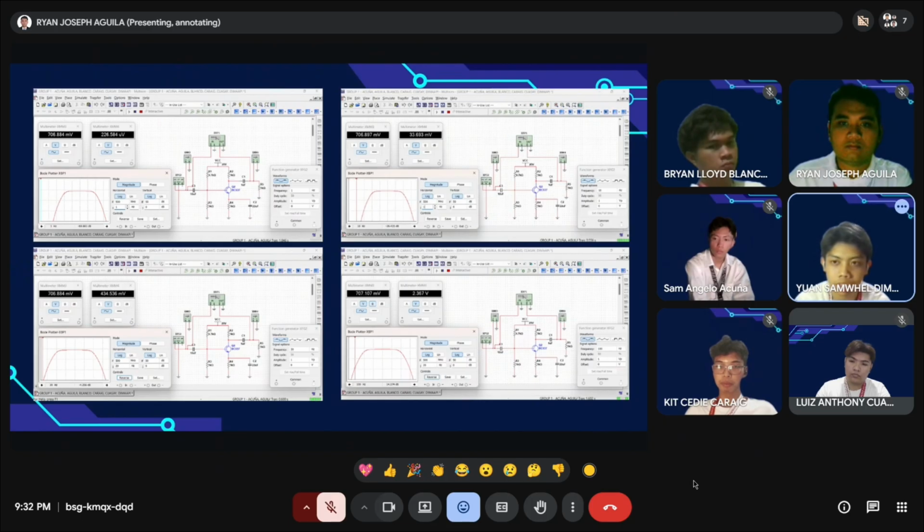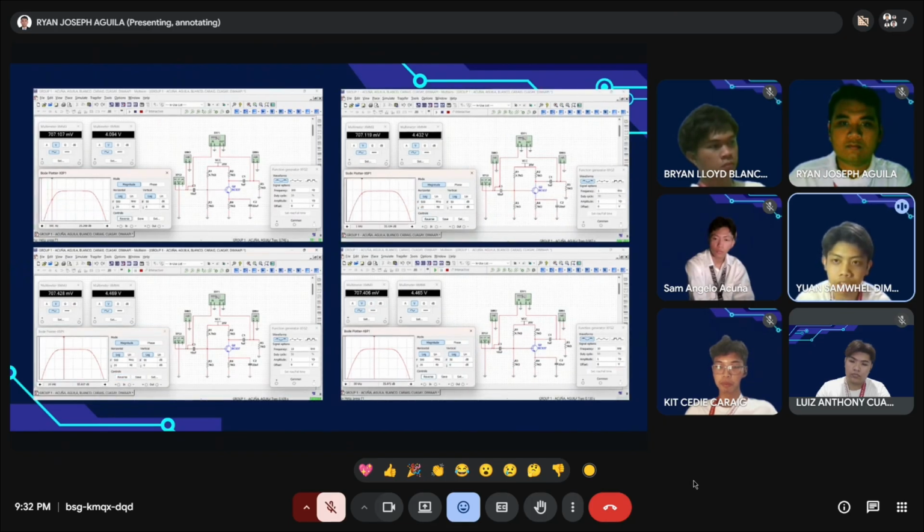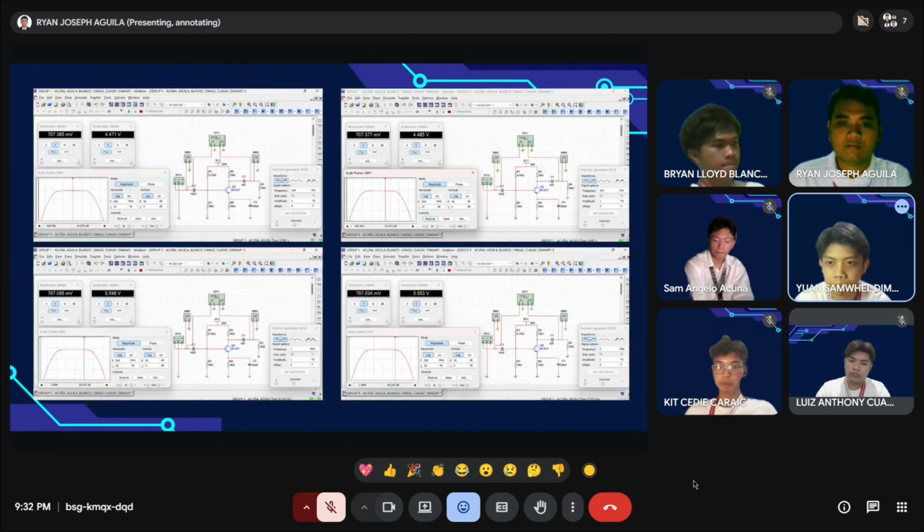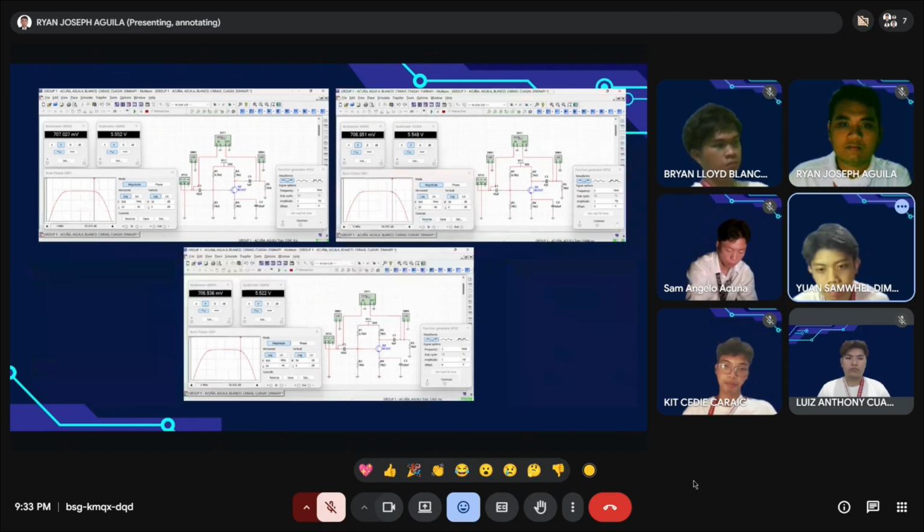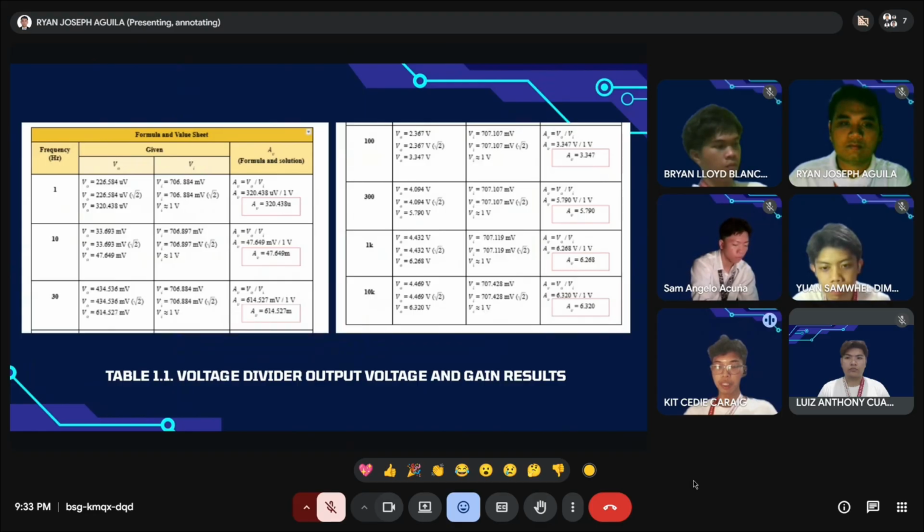Next slide. Slowly increases. For example, we have 4.09, then turning into 4.65. Then next slide, please. Then reaching 4.71 to 5.53 volts upon reaching megahertz. The values computed will be further discussed in the next slide by Kit Sally. And next slide again.